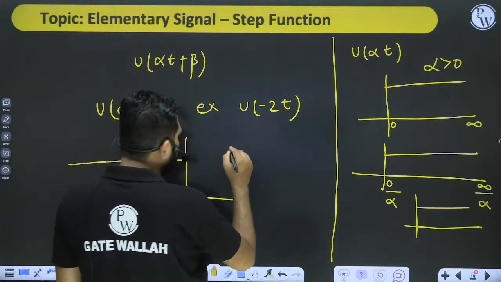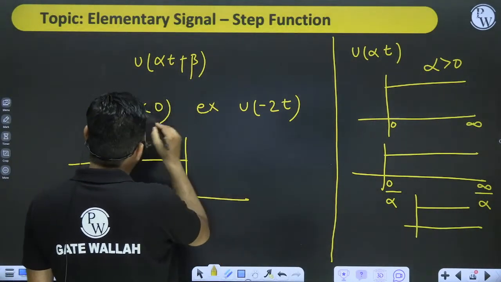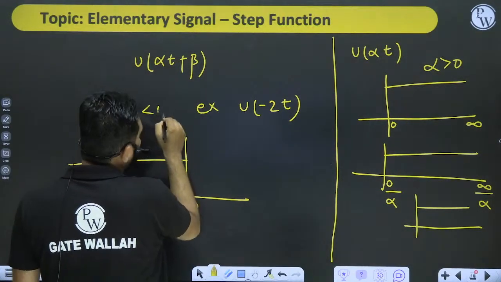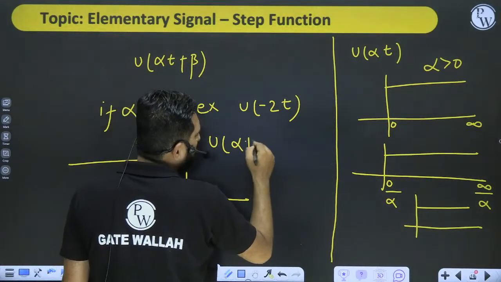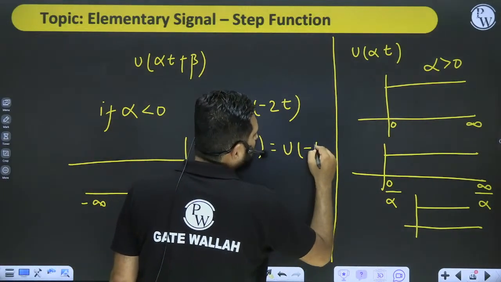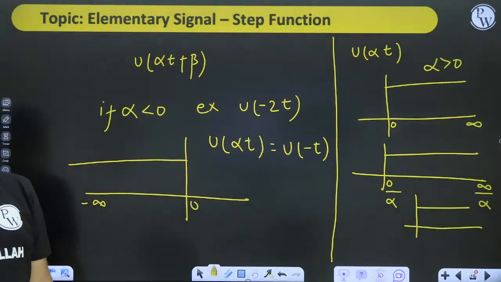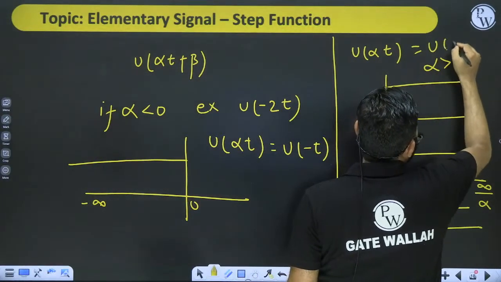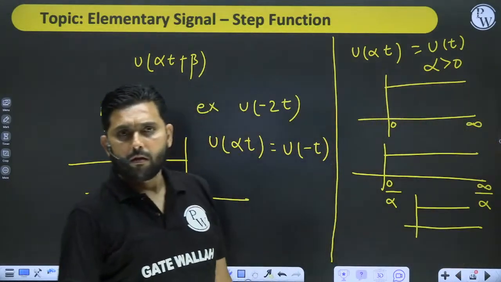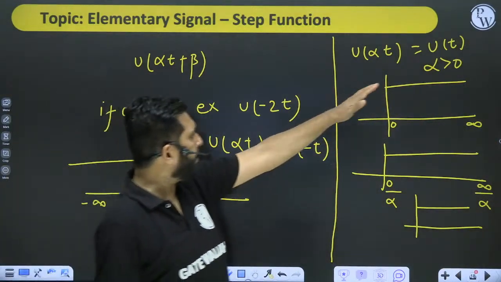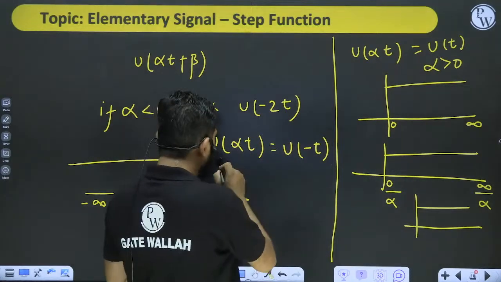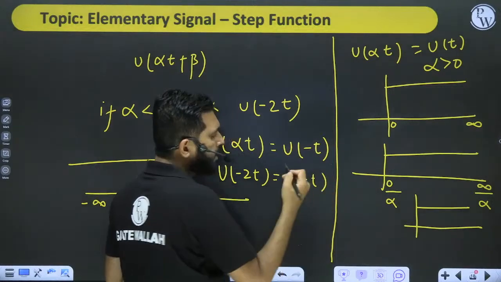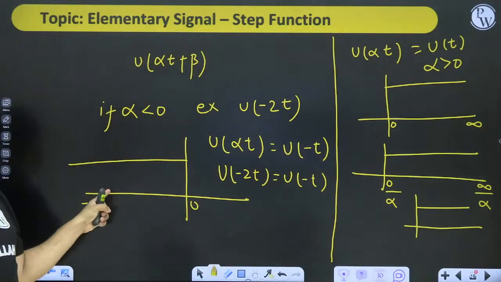This means that if alpha is less than 0, then u(alpha t) becomes u(minus t), and if alpha is greater than 0, then u(alpha t) becomes u(t). So u(minus 2t) is just u(minus t).